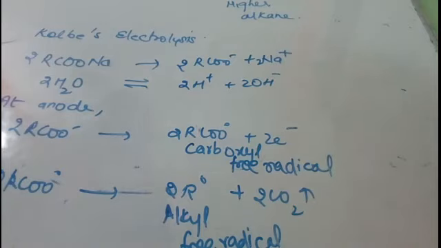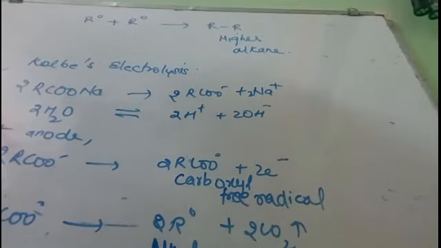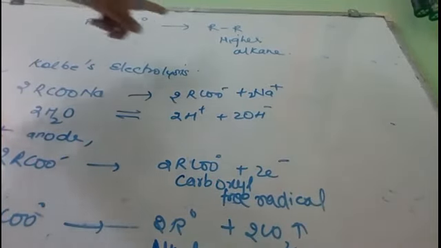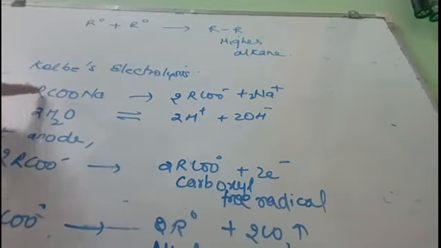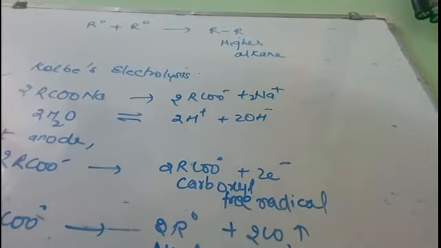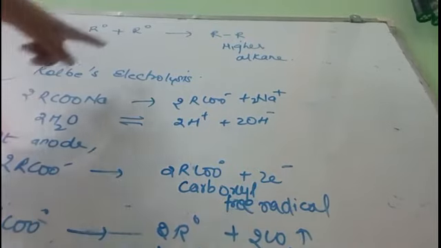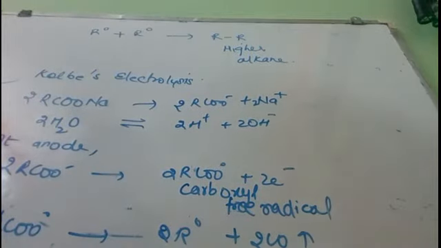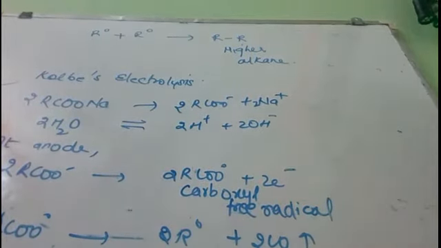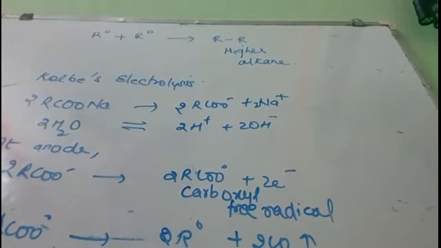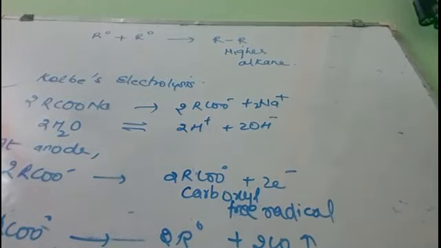Now here the alkane which is formed in this process will have double the number of carbon atoms which is present in the alkyl group of the carboxylic acid. So if suppose here one carbon is there, then in the alkane formed 2 carbons will be there. The number of carbon atoms in the alkane formed will be double the number of carbon atoms present in the alkyl group of the acid.